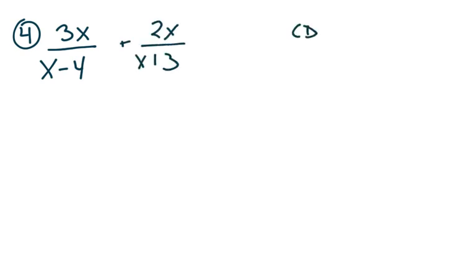Let's try this example. 3x all over x minus 4 plus 2x all over x plus 3. So your common denominator, firstly notice that they're not the same denominators, right? So you have to get a common denominator. So the common denominator is going to be their product. So I'm going to multiply, let me rewrite this real quick.